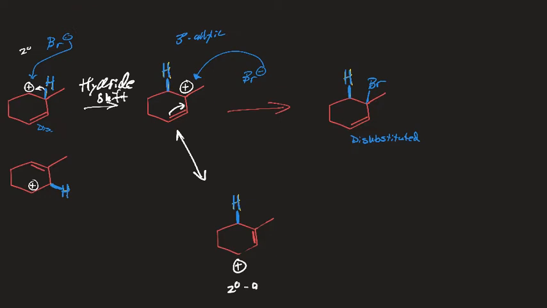Now this is secondary allylic, and the bromide could add in right there, creating a product that would look like this.